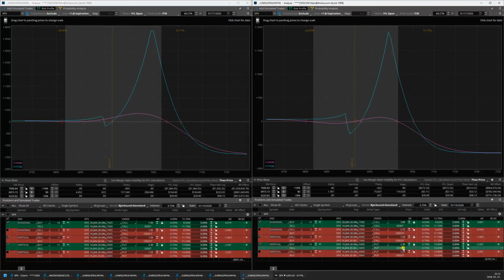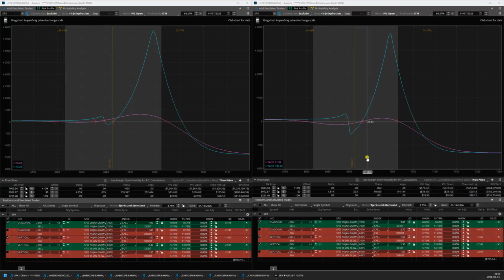Right now it's around $60–80 in loss, and if the market stays around here in the next couple of days until Friday, the whole thing will become worthless, because the put spread will become worthless, and also the calendars. So this is creating a drag on the strategy itself, and this is called the value of theta that we are even seeing further down. I wanted to show you this effect in the next couple of days, just as educational material.